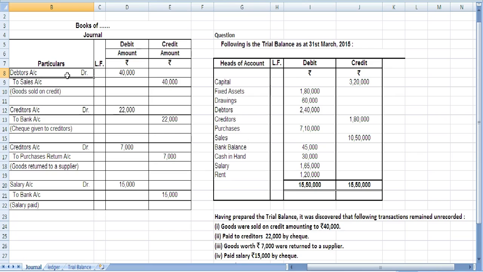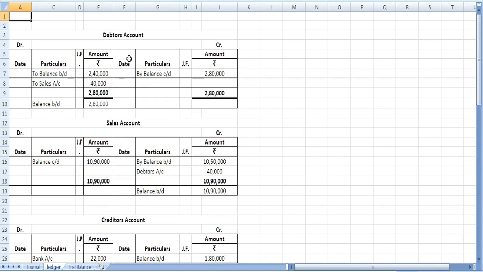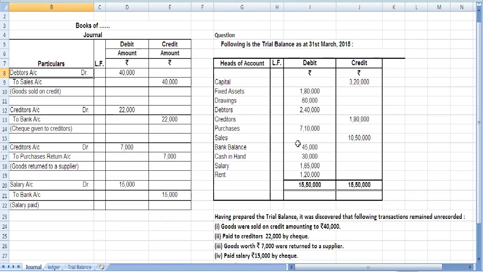Okay, debtors account debit to sales account. So how do we post? We'll go to the debtors account, but before that, we can see in the old trial balance we have some balance already. So we have 2,40,000 debtors. Now the balance will start from the debit side.